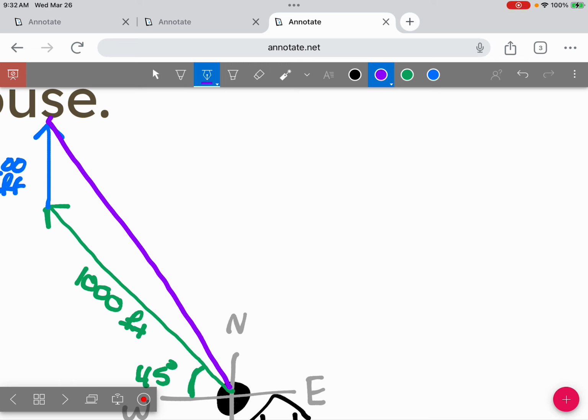We have some information about our angles, right? This is the one we want to know. Isn't the other one 45, since it's going straight north? Just do the cosine formula and call it a day.